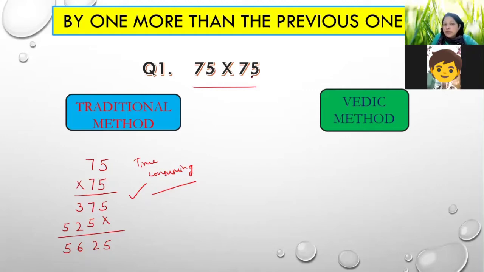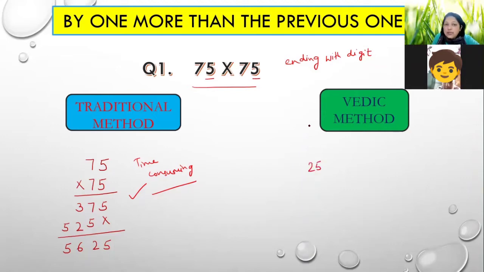Now see, 75 and 75, you can see it here. The unit digit is 5. So whenever we have any number whose square you have to find and the number ends with digit 5, the calculation will be done in this way. 5 times 5 is 25.